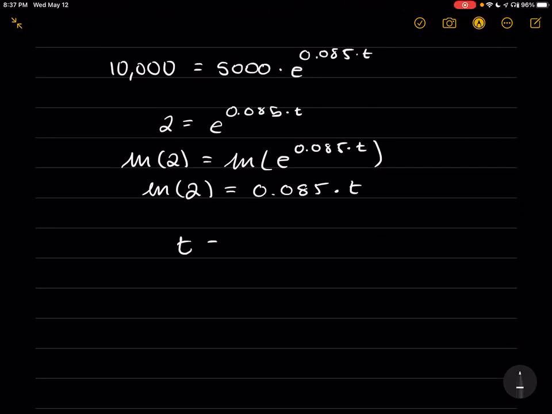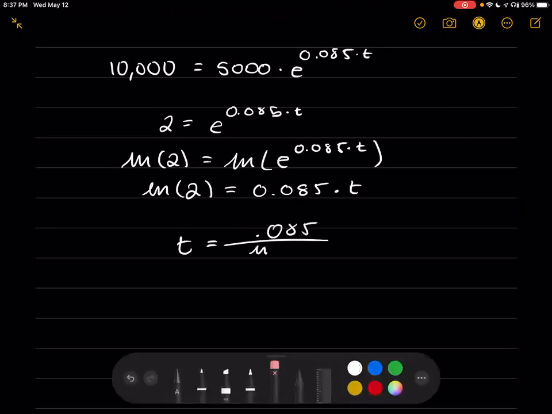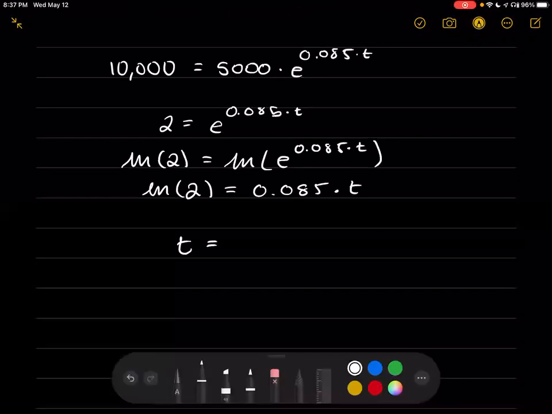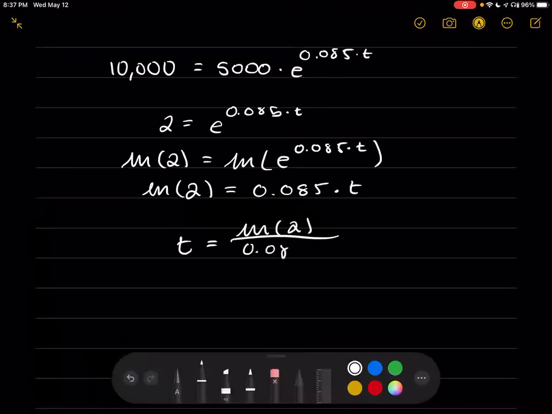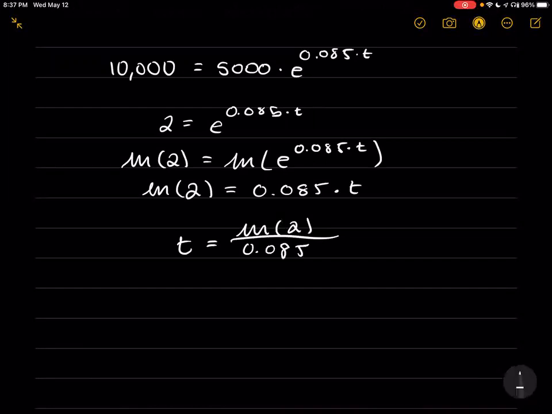Oopsies. t is going to be the natural log of 2 on top divided by 0.085. There we go. And this is a perfectly acceptable answer because we're not using calculators in this course. But just for your information, this is about 8.2 years. But this is good.